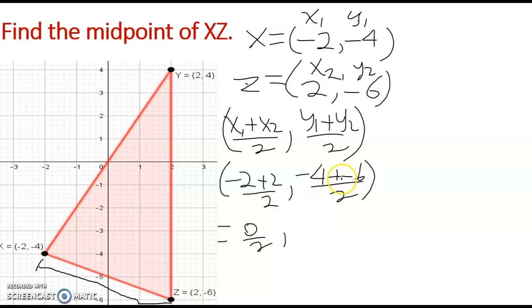And -4 plus -6 is -10 over 2. And 0 over 2 is 0. And -10 over 2 is -5. So this will be the ordered pair: x is going to be 0 and y is going to be -5. So right here is the midpoint of that line segment.